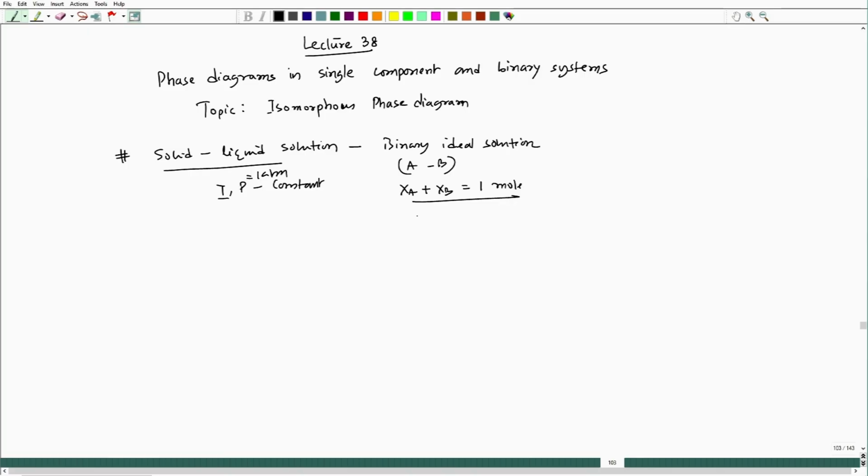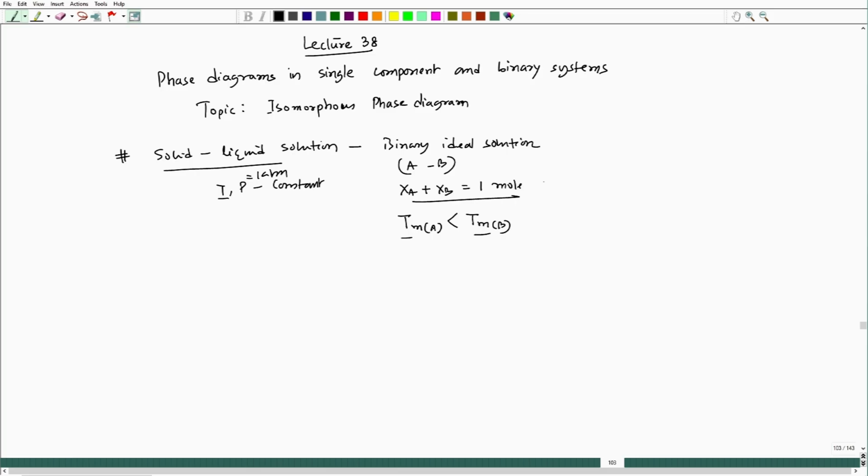And A and B are the two metals. So, their melting points are T M A and T M B. These are the melting points of A and B, and this is the relation between them: B's melting point is higher than A's melting point.